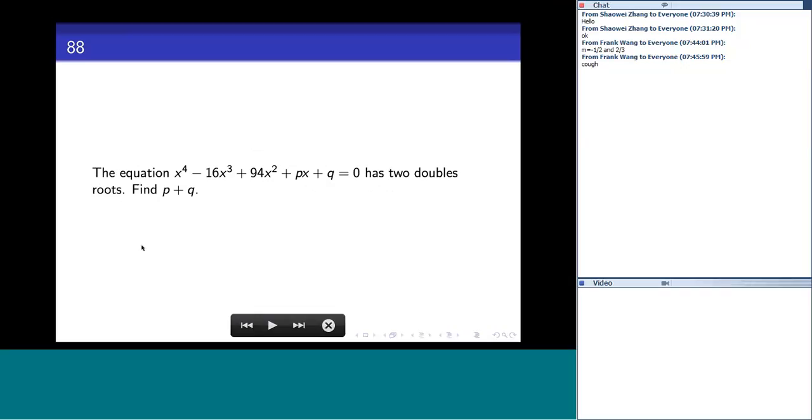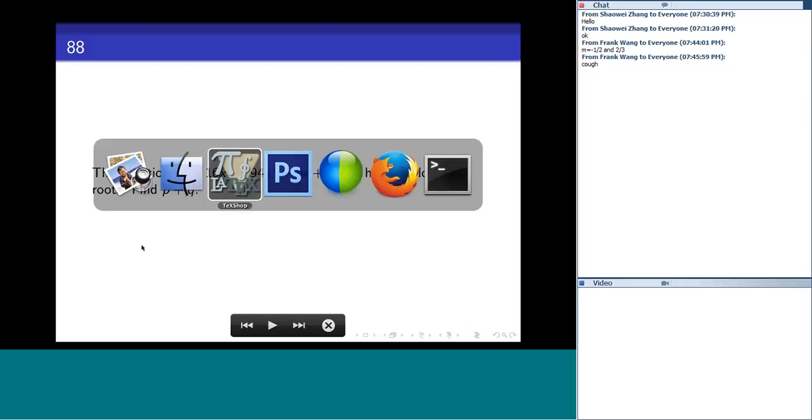Let me tell you how I think about it. You can do something very trivial using x to the 4 minus 16x cubed plus 94x squared plus px plus q.